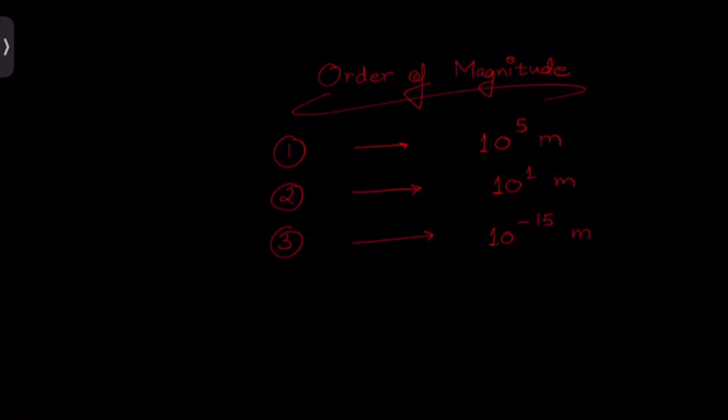Just by looking at the order, we can predict which device could be used for the measurement of such quantities. You won't use a ruler or meter scale to go on measuring 10 to the power 5 meters, right?